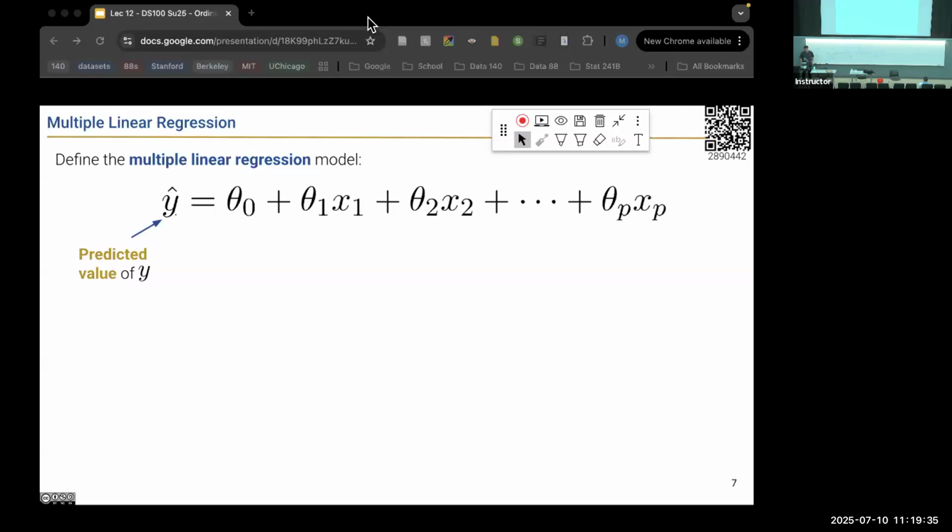Your prediction is a linear combination of these parameters, from theta 0 to theta p, scaled by these features, x1, x2, x3, etc. You can really see this is just one step above the simple linear regression model, where you have the first two terms, but now we're just tacking on more terms.